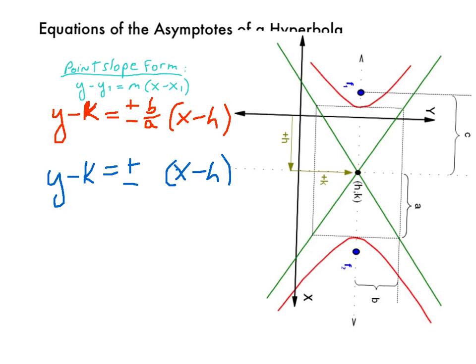Now, instead of going up B over A or down B over A, we're going up A over B or down A over B, which makes our slopes plus or minus A over B. Those are the two formulas depending on which way it's oriented.